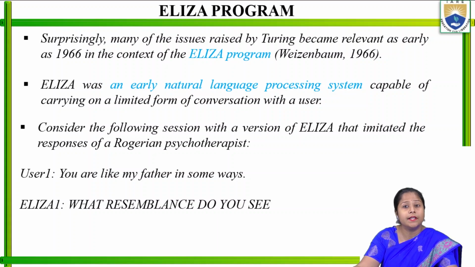Consider the following session, a conversation with a version of ELIZA that imitated the responses of a Rogerian psychotherapist. ELIZA addressed the different errors of the Turing game. It was the first game introduced as a natural language program, and it was widely used with natural language models.